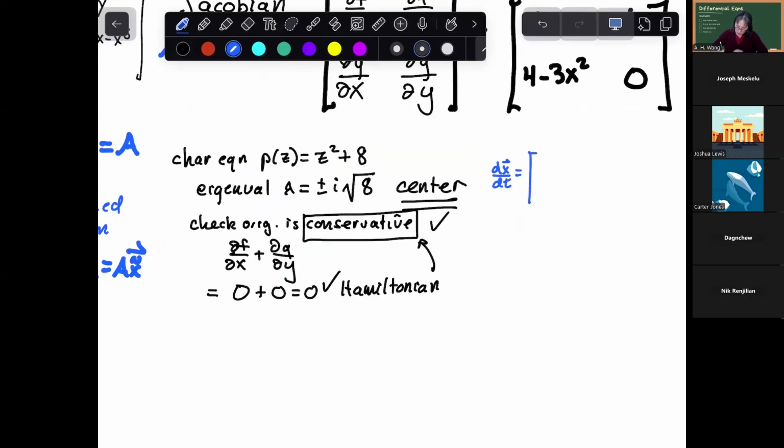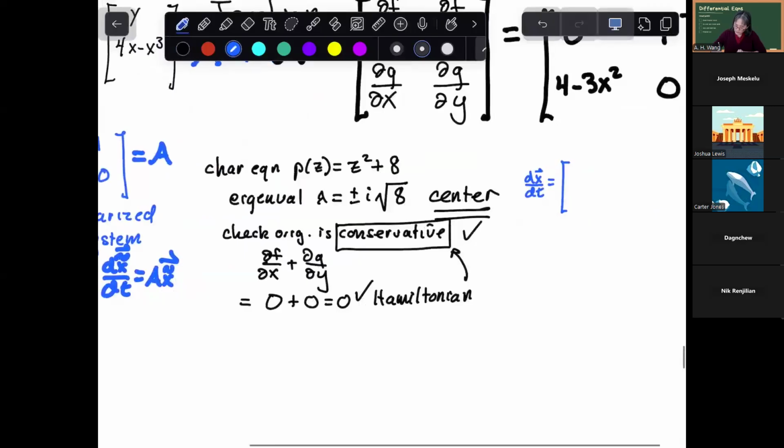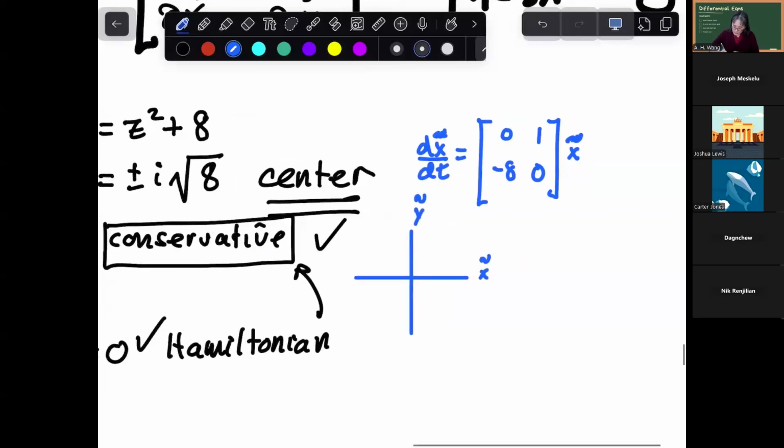We write down the A. The A is 0, 1, -8, 0, and x. So this is actually x tilde. So in the tilde system, let's check and plug in (1, 0).